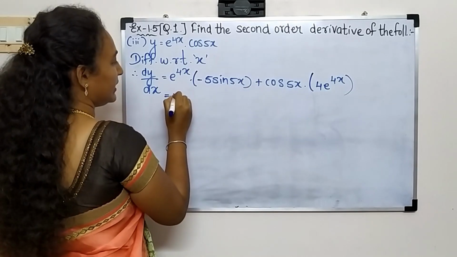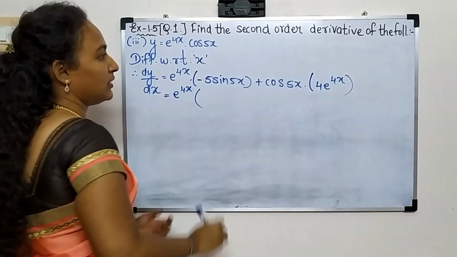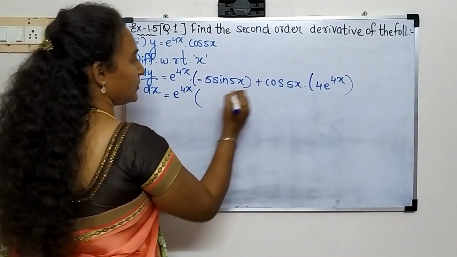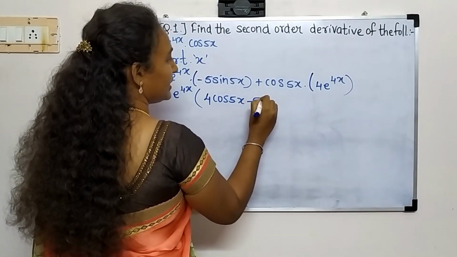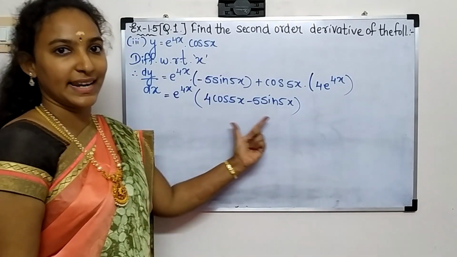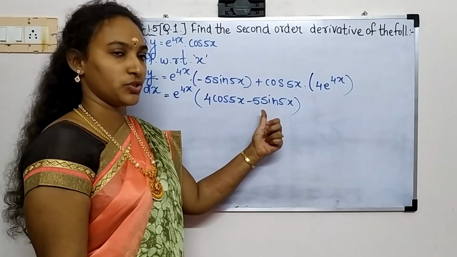See, from this we can collect e power 4x as a common function. And let us take this cos first, then the sine. So this is 4 cos 5x minus 5 sine 5x. Okay. This is a simple arrangement of the functions. You can take sine first, then cos also.